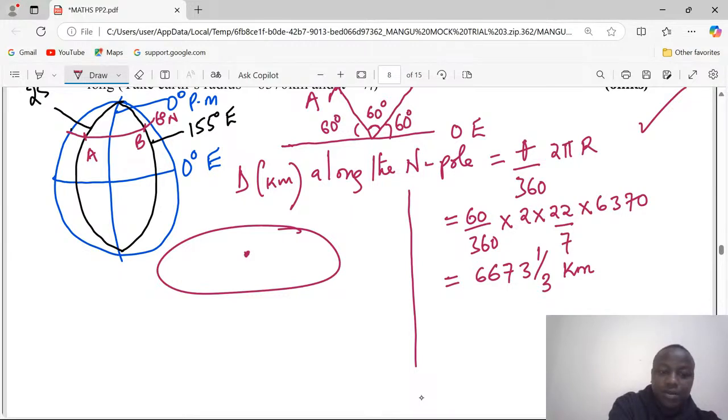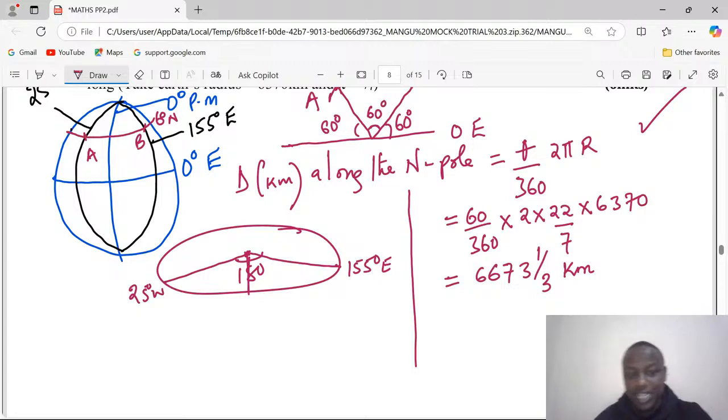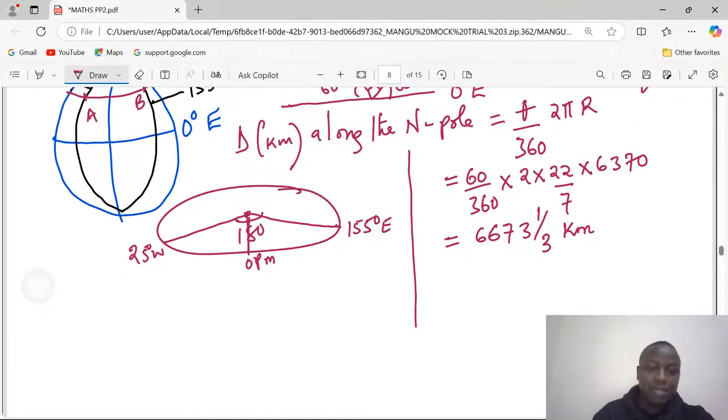From the center, we are moving from 25 in the west all the way to 155 in the east. That means the angle between the two places is 180, because we are passing through the 0 degrees prime meridian, 25 to the west and 155 to the east.